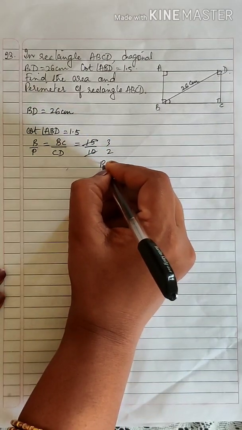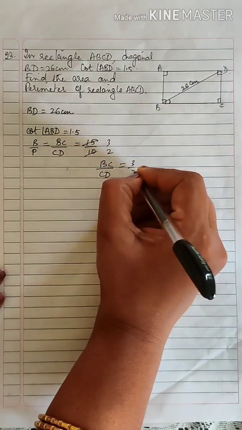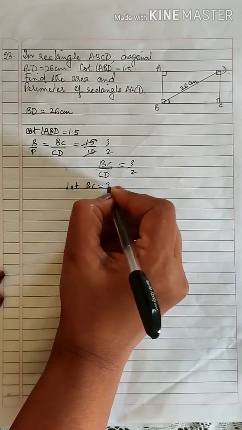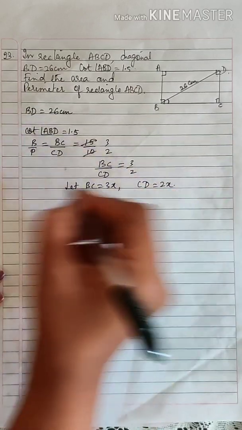So you get BC upon CD is equal to 3 upon 2. Now take BC as 3x and CD as 2x.